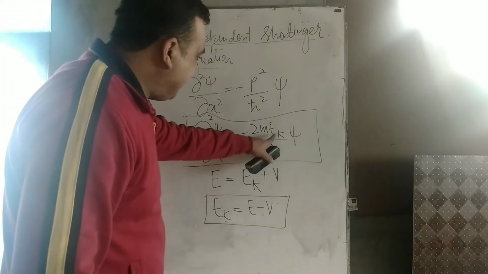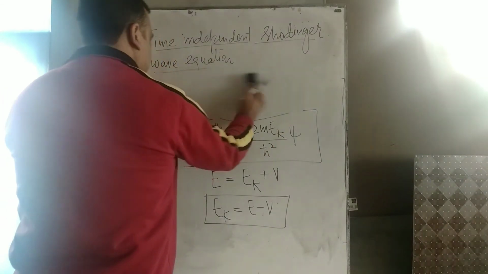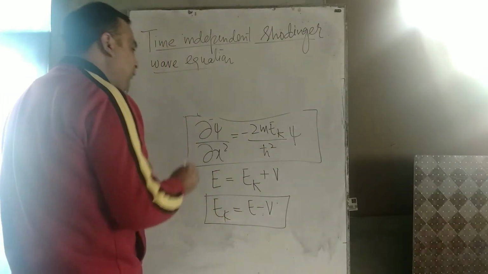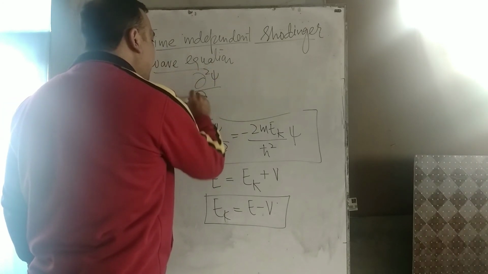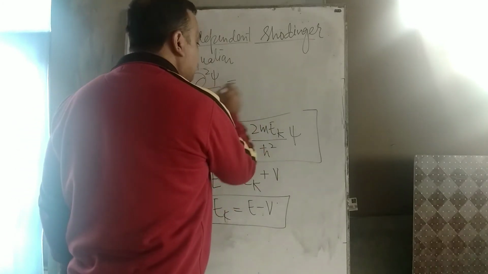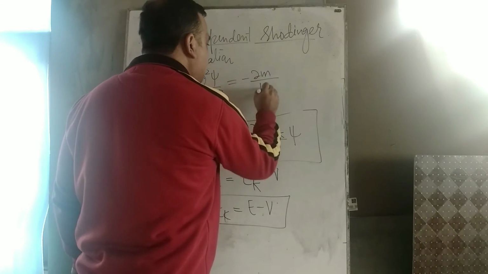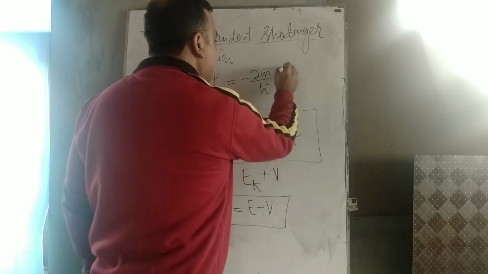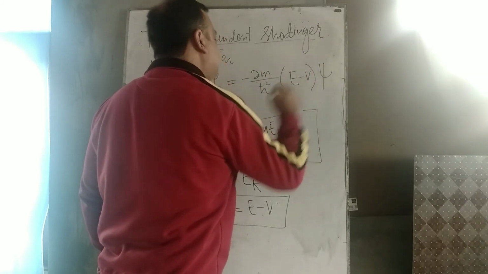So instead of Ek, I will be using here E minus V. So I will get the double derivative of psi along x will be equal to minus 2m upon h bar square times E minus V times psi.